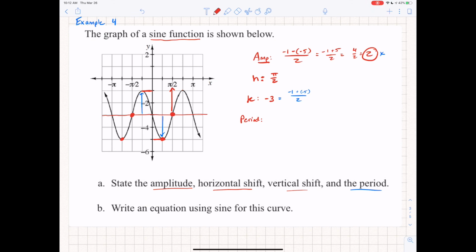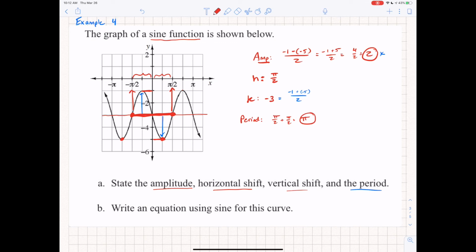Let's just do middle to middle since we're talking about sine, and I want to maintain that sine is the middle in that language. It's also really nice because I know those exact x values. So I know that this distance here is pi over 2. This distance here is another pi over 2. So then the period is pi over 2 plus pi over 2, which is pi.